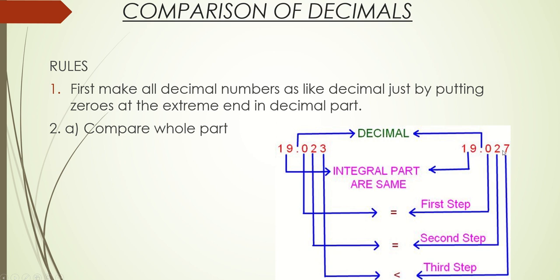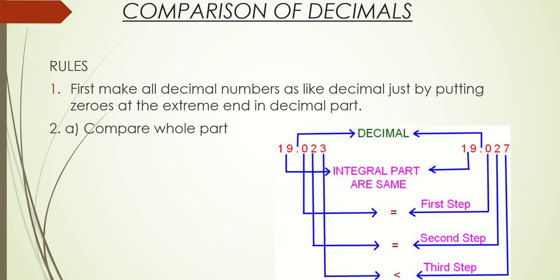Yes, so we can start the comparison. Now compare the whole part, as the rule says. Do you have any conclusion after comparing the whole part? On the left hand side we have 19 as the whole part, and on the right hand side again 19. So we don't have any conclusion here.